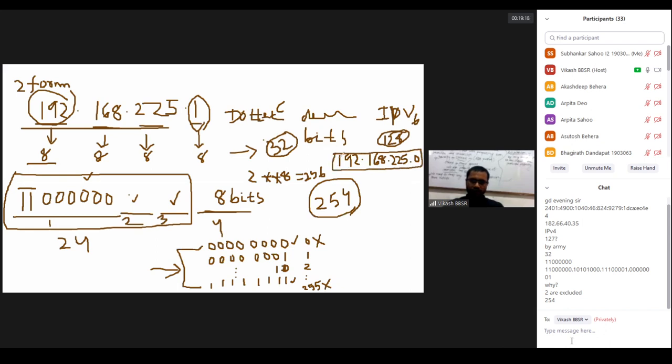My question is why all 0s and all 1s are not assigned to anyone. That is the host or server address. It is reserved for the administrator or used for the server, so it cannot be assigned to anyone.